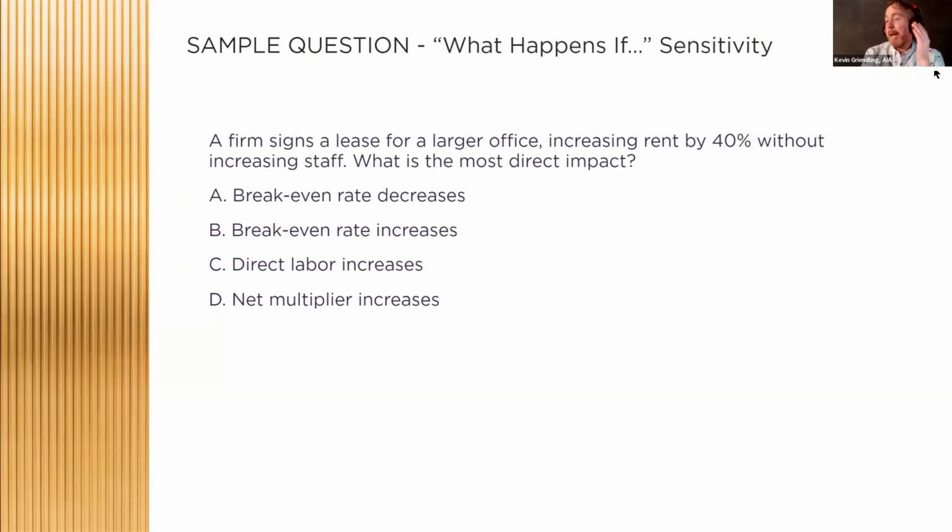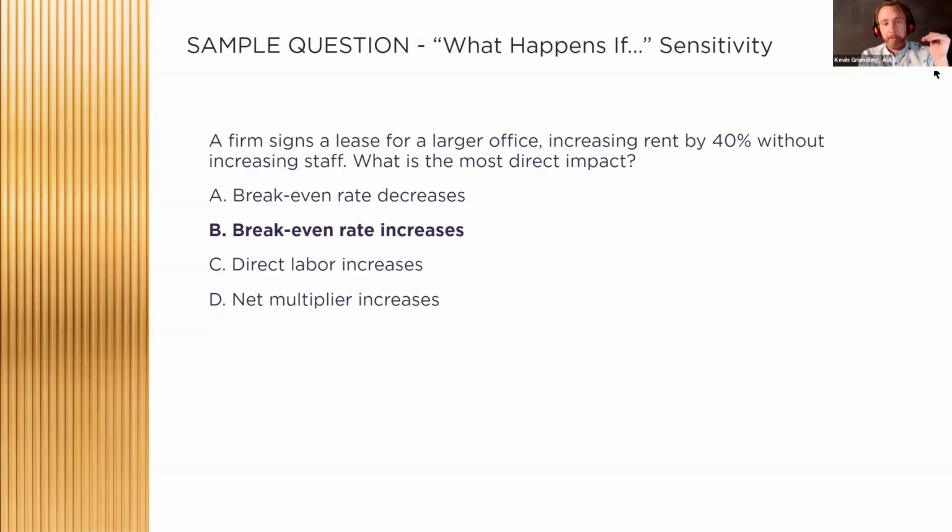You could have a what-happens-if situation. I mentioned this earlier: if a firm signs a lease for a larger office, increasing rent by 40% without increasing staff, what is the most direct impact? The most direct impact, of course, is that your break-even rate is going to increase, like I said.